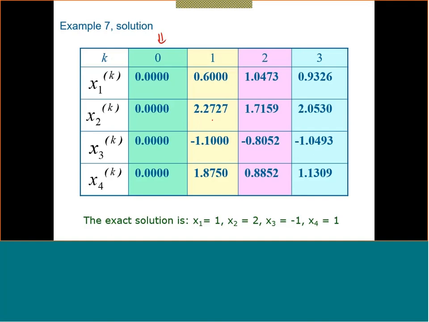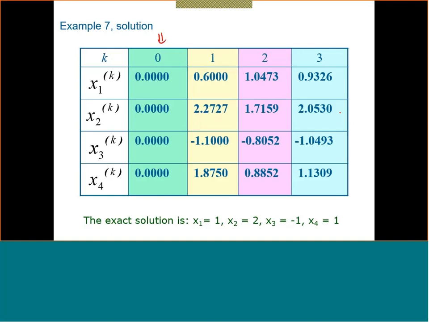Now, one of the factors that you have to watch is whether your answer is converging or diverging. How small is my error? Is my error getting bigger and bigger or smaller and smaller? You expect that the error starts to get smaller and smaller. There will be a little bit of oscillation, but eventually you will have a smaller and smaller error.